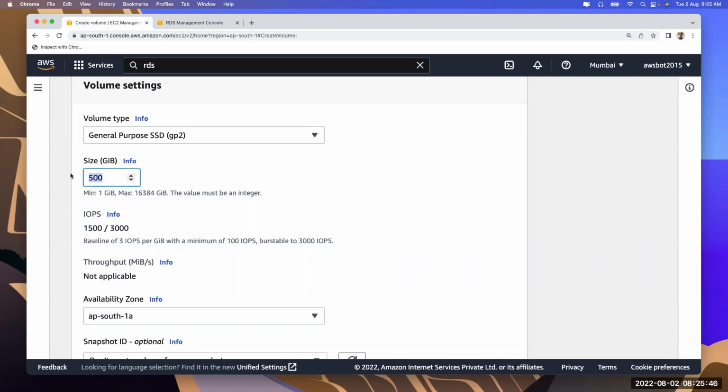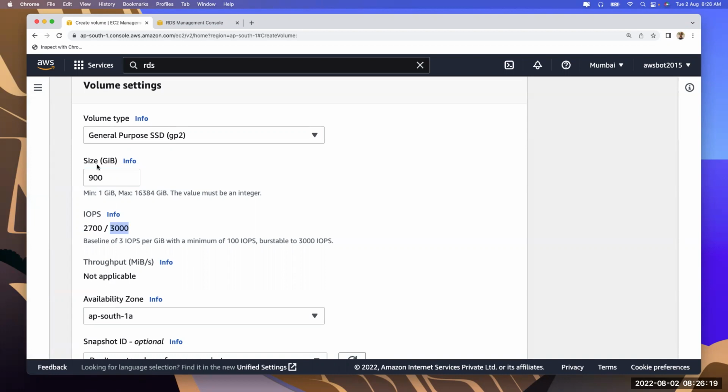By that same logic, if I go for 900, I will be having 2700 IOPS. If I want to increase, AWS says it is fine. I can go and increase you up to 3000. You don't have to add anything extra to it. I will automatically manage it from my end. So 900 into 3 becomes 2700, and if more are required, I can go up to 3000.